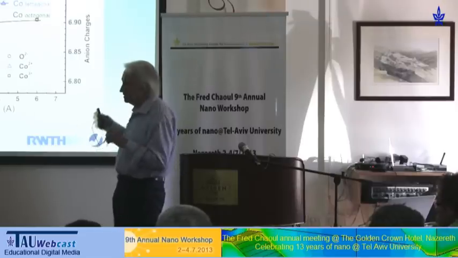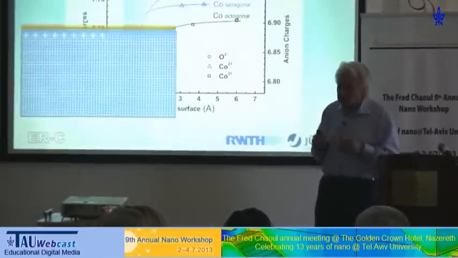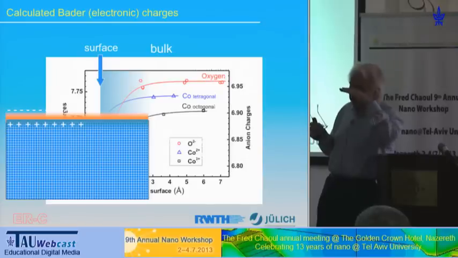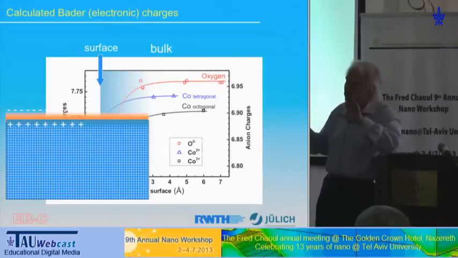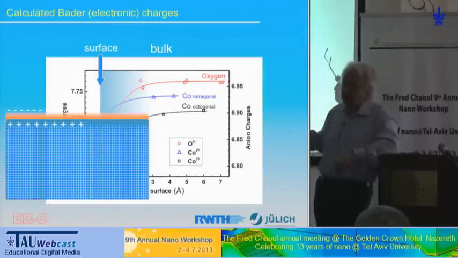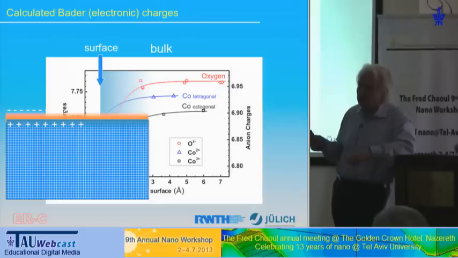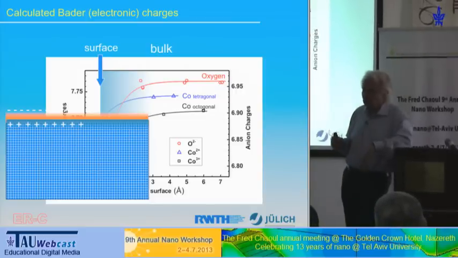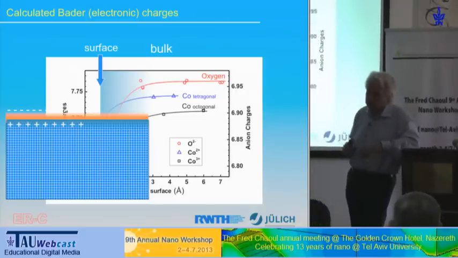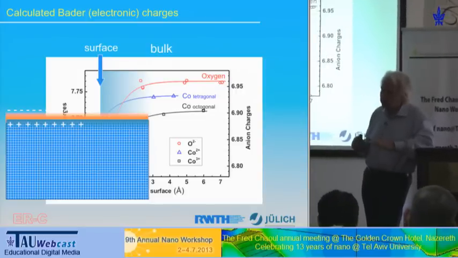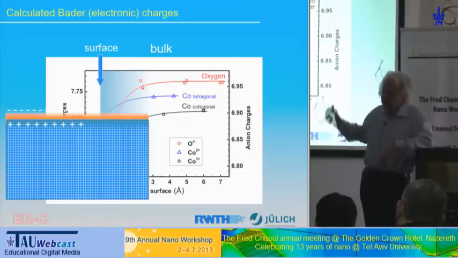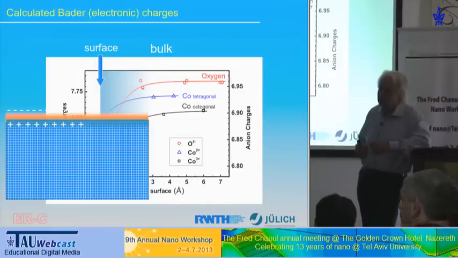I think the point is, of course, we measure. This is absolutely right. We have effects of intermixing going to about 3-4 unit cells. It's not symmetric in the capping layer compared to the substrate layer.